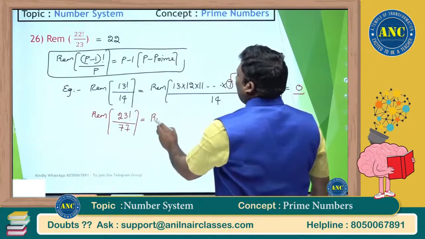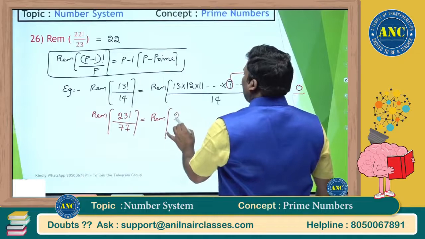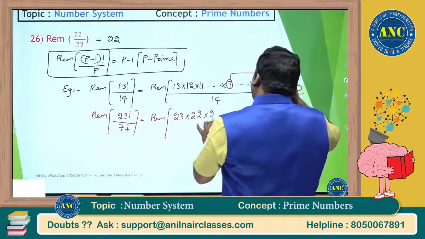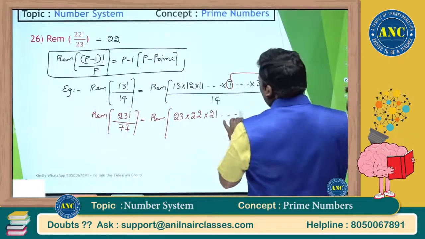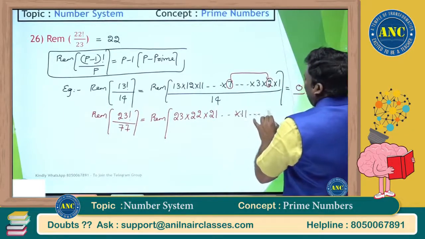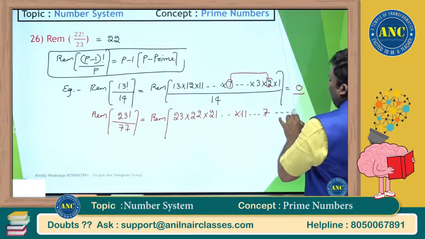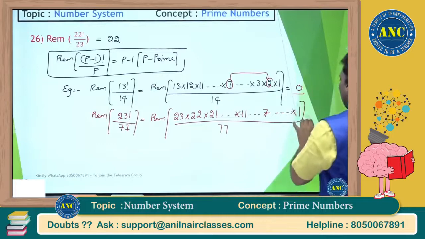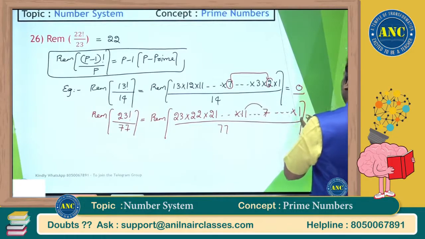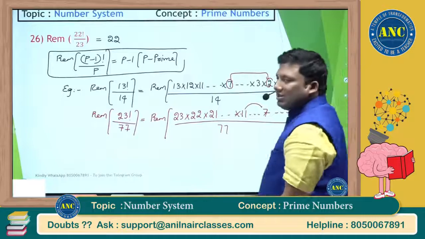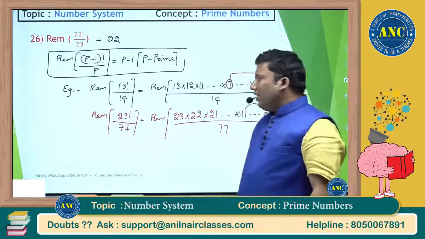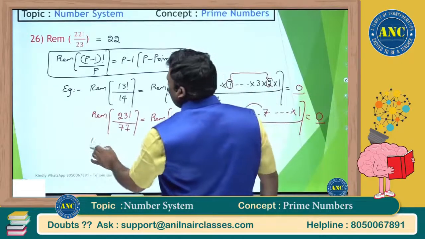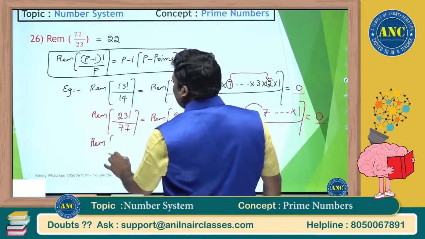Check whether it is a part of the numerator. 23 factorial is 23 into 22 into 11 and so on up to 7 and so on up to 1, divided by 77. 11 sevens are 77, so 77 into any number divided by 77 gives answer 0. I hope the idea is clear.